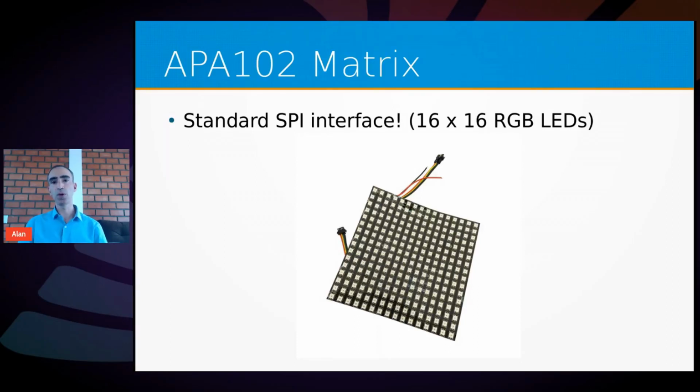It's a little bit more expensive than the WS2812, but it is better because I don't need to worry about timing and other signal integrity issues. It's just standard SPI, very easy to use, and I don't need to implement a new interface or new standard.